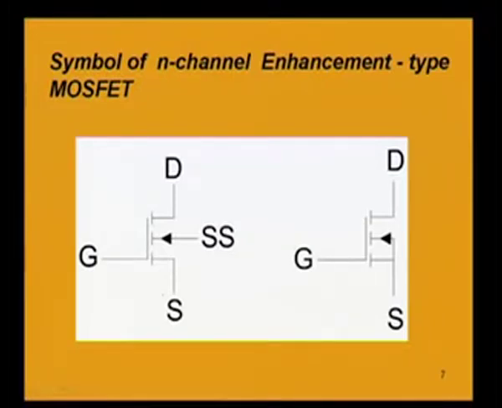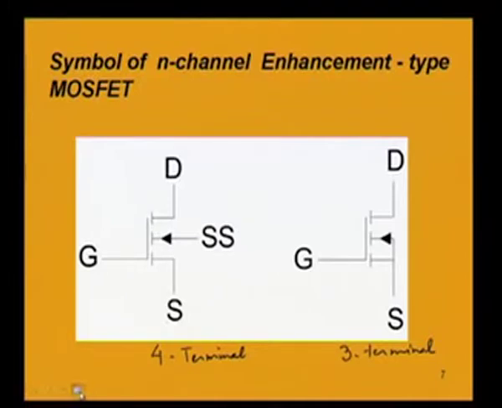If we have internal connection of the substrate terminal between the substrate and the source, then we have this symbol, because here we are showing that the substrate and source are connected. So, this is a 3 terminal, but here it is a 4 terminal. So, this case is 4 terminal and this case is 3 terminal. So, this is the symbol for the N channel enhancement type MOSFET.